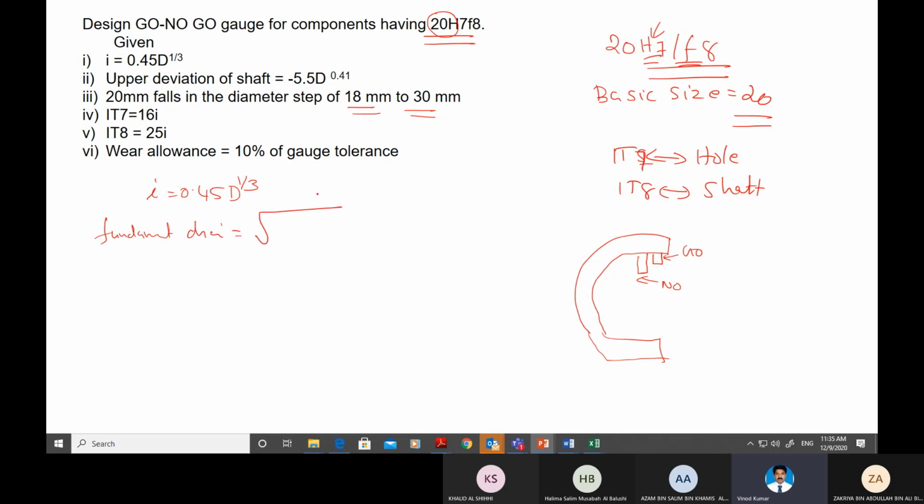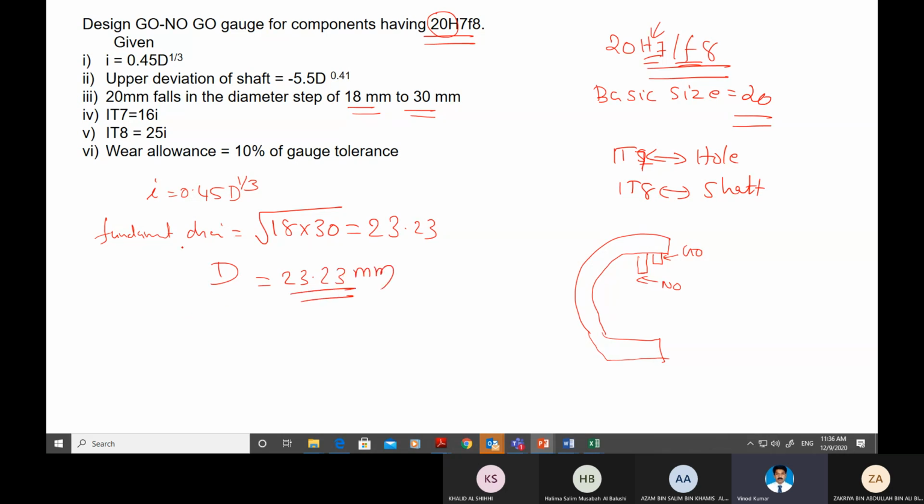Equal to square root of 18 times 30. Very quickly, can you calculate and give me the value? 23.23. This is the fundamental diameter. So we got the diameter D to be used in this equation as 23.23 millimeter.